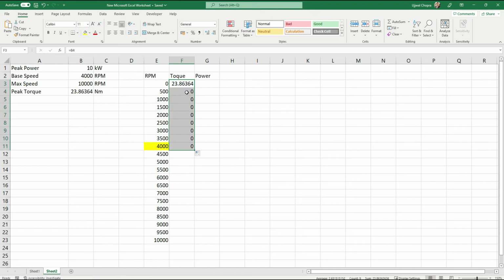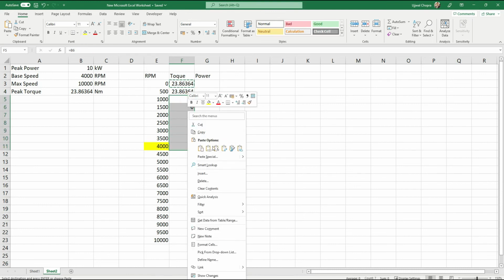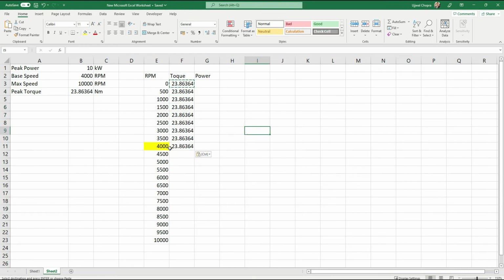So torque remains the same till 4000 rpm, and beyond that power is constant, so that means the product of rpm and torque is constant.